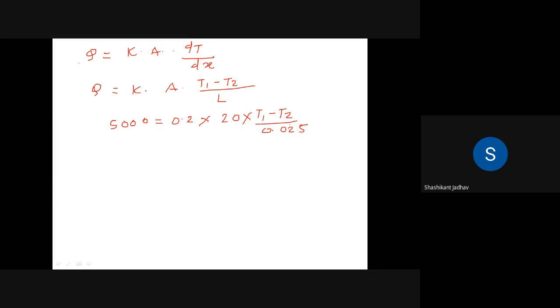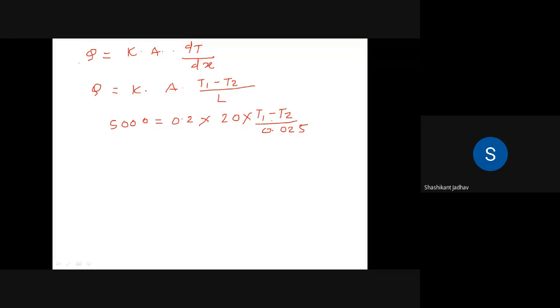In this case K is given, thermal conductivity 0.2 watt per meter Kelvin, and temperature is given in degrees Celsius. If T1 is converted into Kelvin, we add 273 to T1, and similarly add 273 to T2. Instead of that, we take directly T1 minus T2.